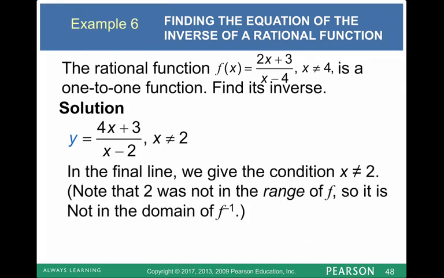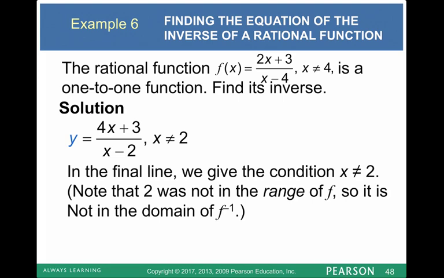So we get the condition that x is not 2. Note that 2 was not in the range of f, so it is not in the domain. Oh, the horizontal, yeah, I was doing that wrong. So the horizontal asymptote is y equals 2. We'll talk about that; we haven't gotten there yet.